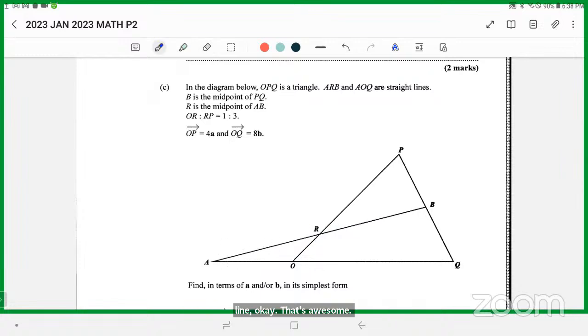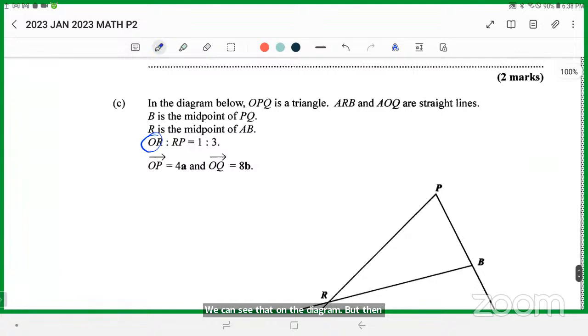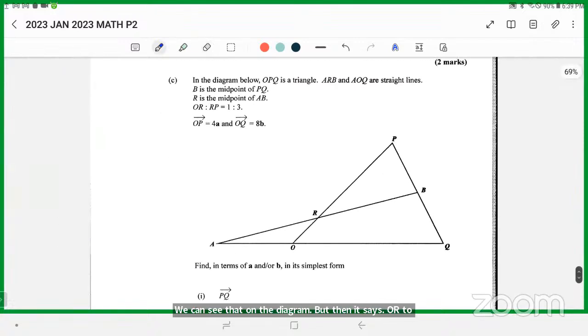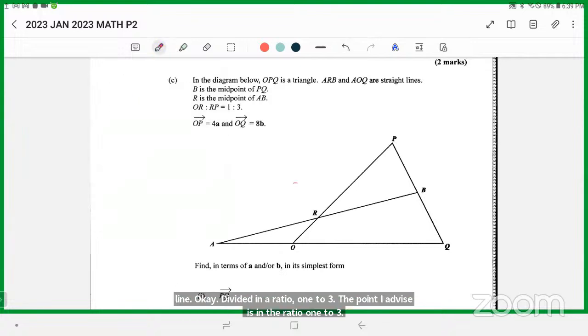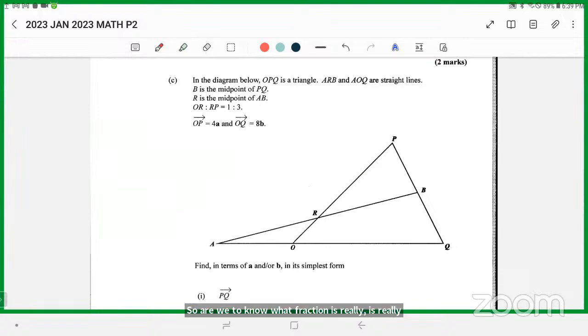But then it says OR to PR is 1 to 3. And they're talking now about this line, divided in the ratio 1 to 3. The point R divides it in the ratio 1 to 3. So a way to know the fraction is really a way of breaking the line into parts.